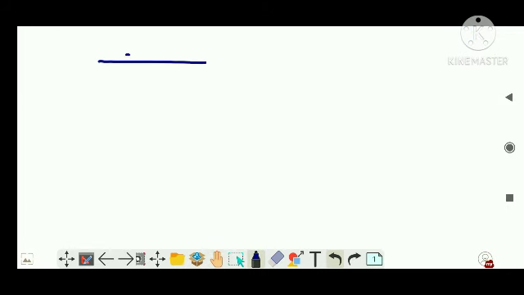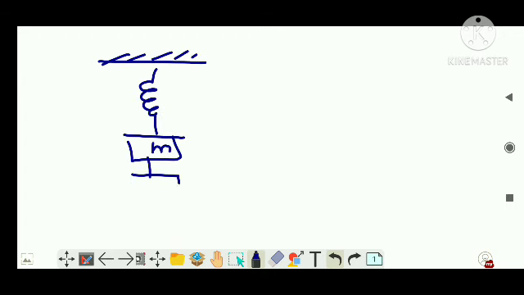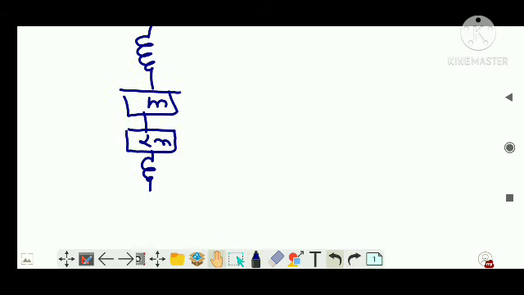Now similarly, we have another condition. Let's say like this. Here is a mass m, there is another mass, let's say 2m, and there is another mass, let's say m.